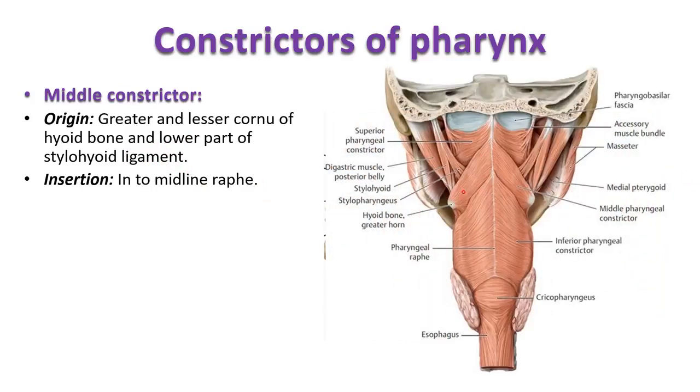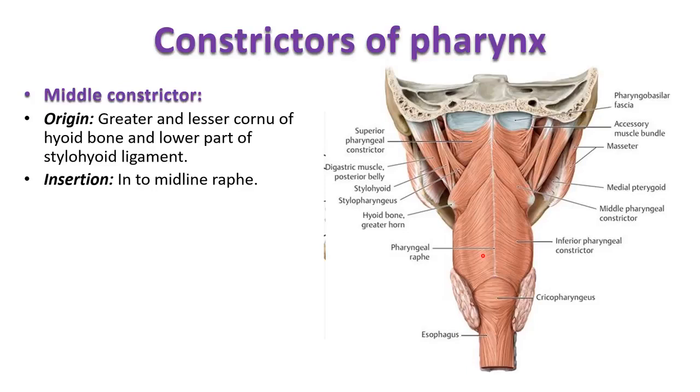Here the upper fibers again sweep upwards to get inserted, and the lower fibers are seen deep to the inferior constrictor. Actually, the lower fibers of the superior constrictor, the middle constrictor, and the inferior constrictor reach up to the level of the vocal cords of the larynx.